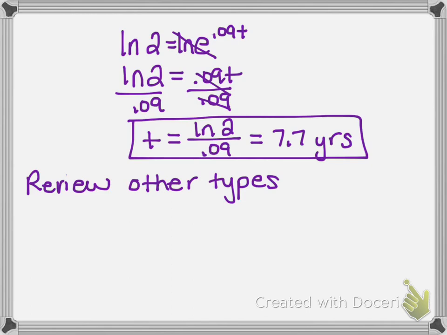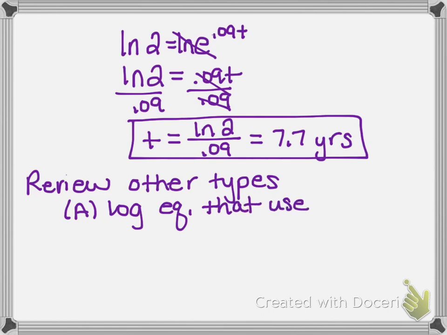And so I'm just going to tell you what they were, and then you have very recent notes to give you plenty of examples on that. But I do want to review some of the older ones. So one of the types that we've solved in this unit is we have solved log equations that use log properties to be solved.